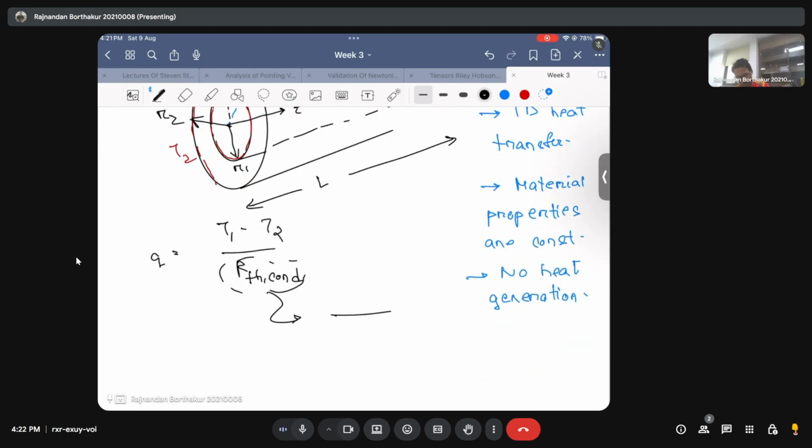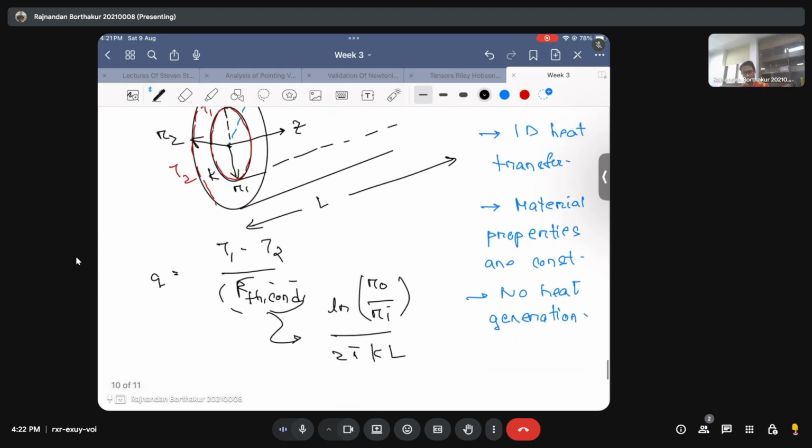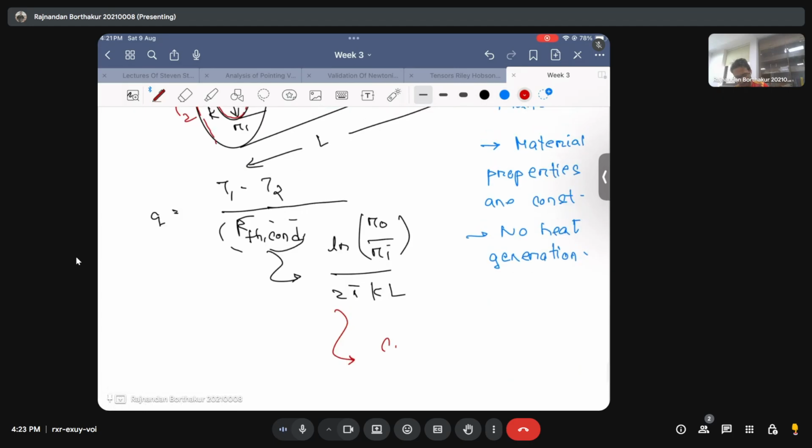So this is going to be ln of the outer radius R0 by Ri divided by 2 pi K L, where K is the thermal conductivity of the cylinder material and L is the length of the cylinder. So this resistance that you wrote is known as conduction resistance for cylindrical geometries.